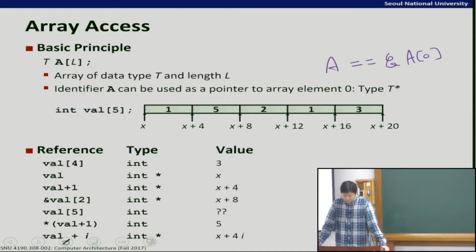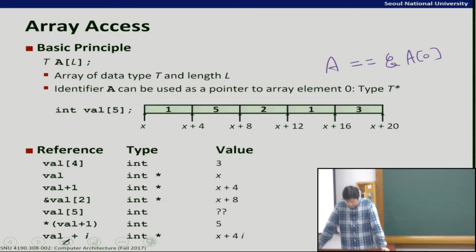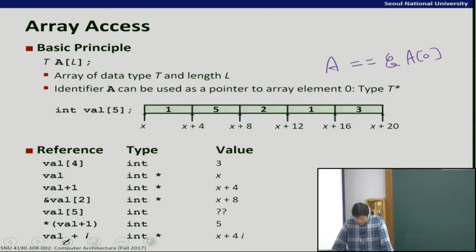Let's say we assume we have an integer array of length 5. So we're going to have 5 integers, and the values are 1, 5, 2, 1, 3, which looks like a zip code in the US, especially the zip code of Carnegie Mellon University. Let's say we have a reference val 4, which points to the 5th element, right?